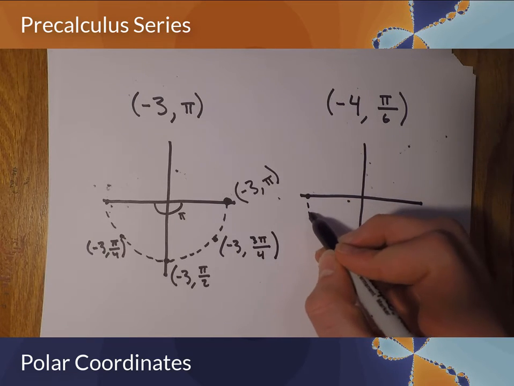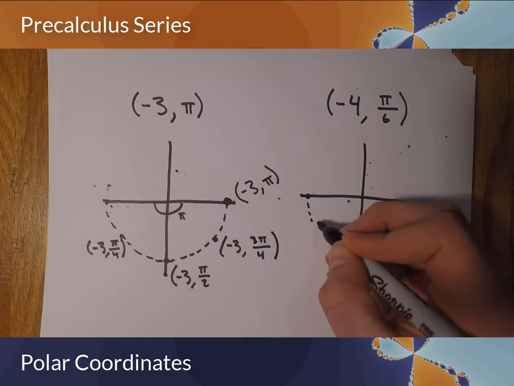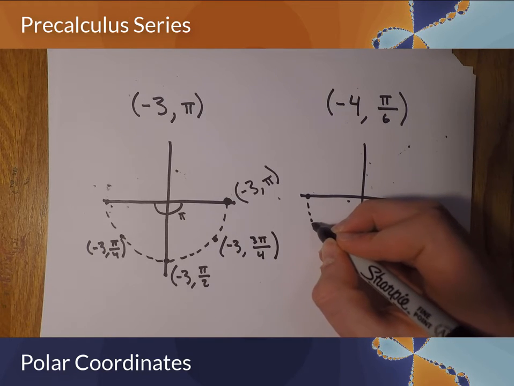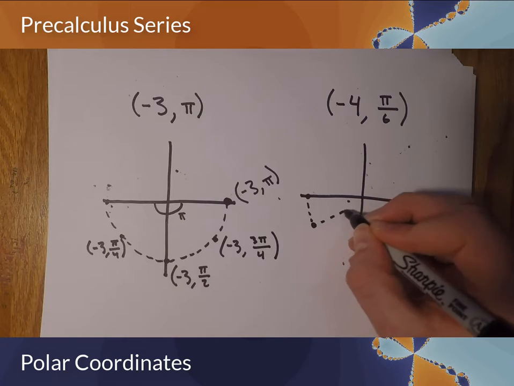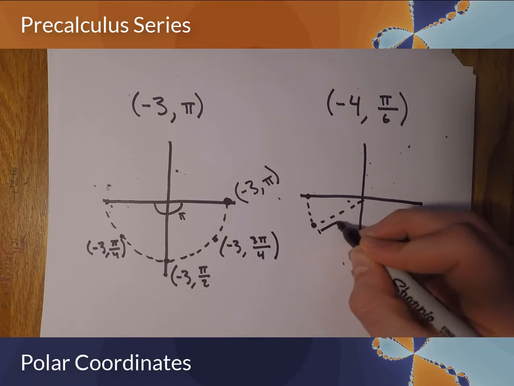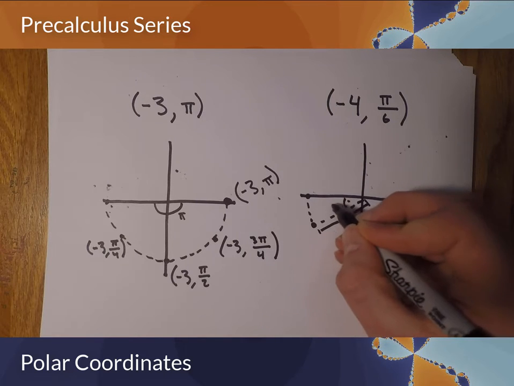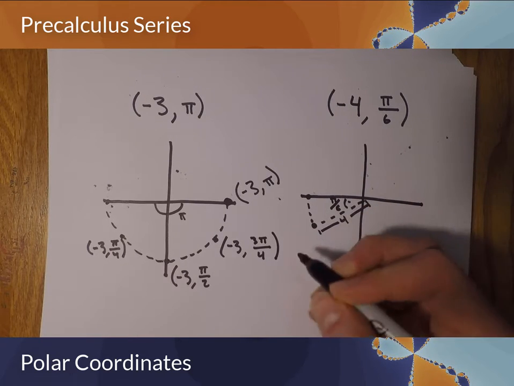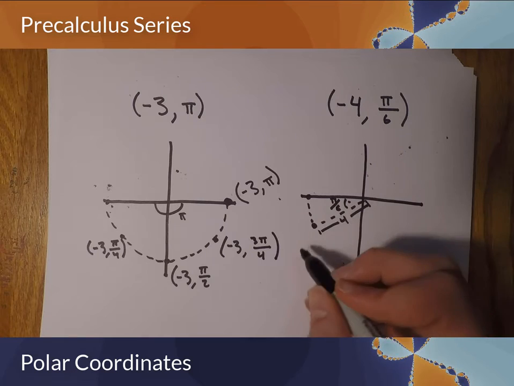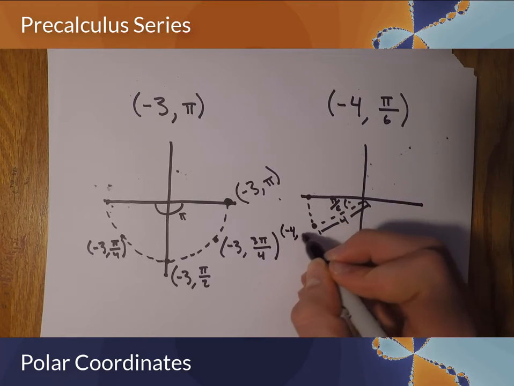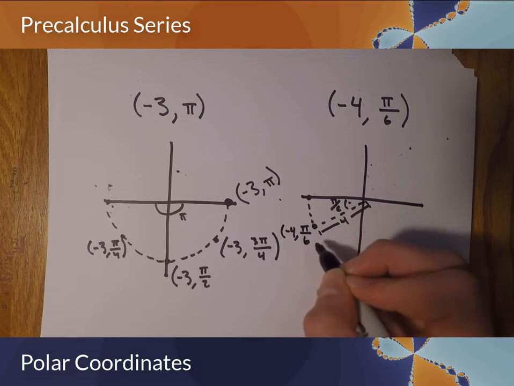So you go over to this point, which is roughly, because pi over 6 is 30 degrees, right there. And so now you're 4 away from the origin, and you're pi over 6 around the unit circle from the initial point it started. So this is -4, pi over 6.